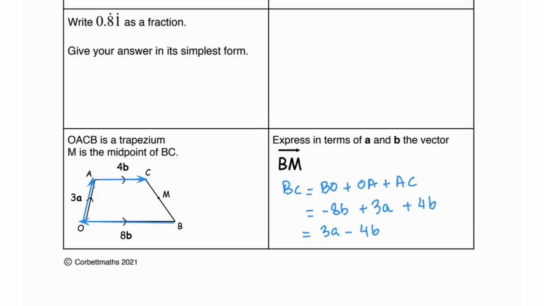Now BM is basically this one. And since M is the midpoint of BC, BM would be half of (3a minus 4b), which is 3 over 2 a minus 2b. That's your answer.